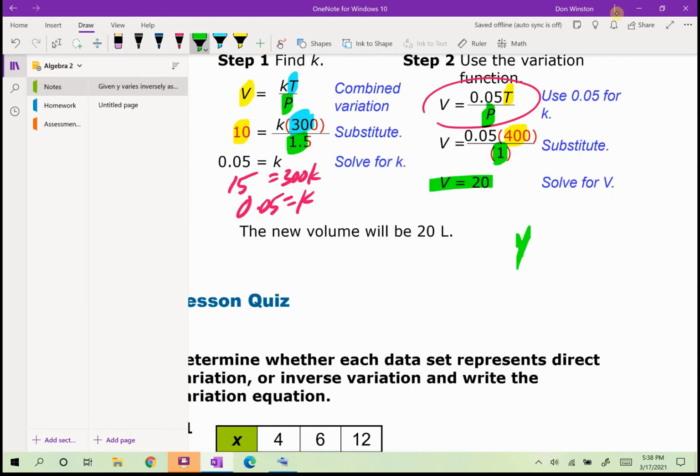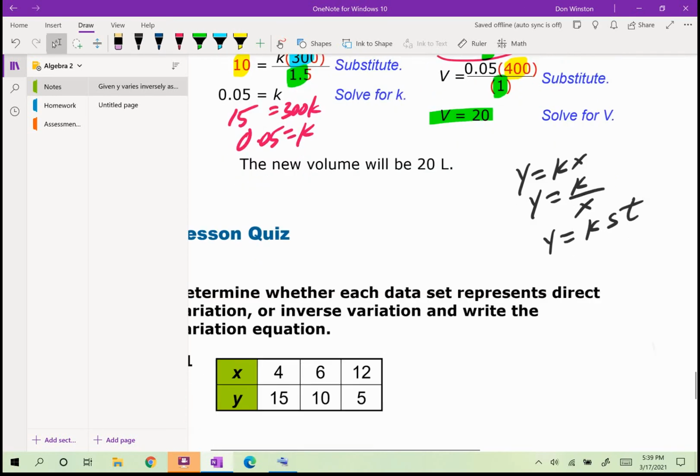What equation are we talking about? Direct variation, inverse variation, joint variation: y is equal to k times m times n, or maybe I'll use some other variables, s times t, it doesn't matter.